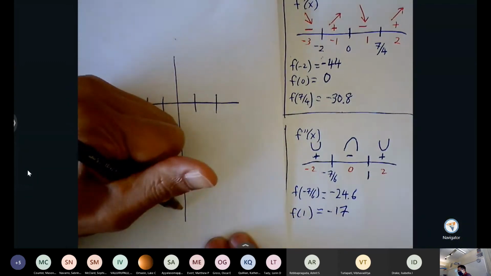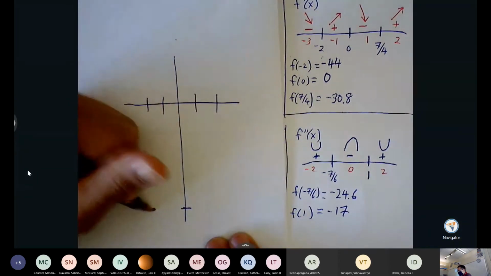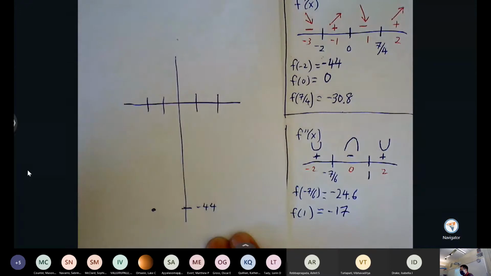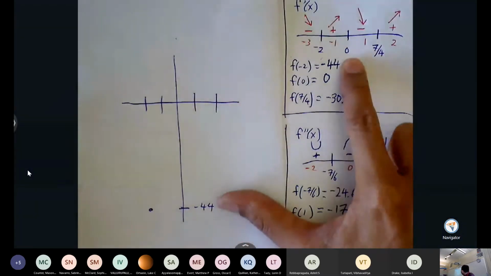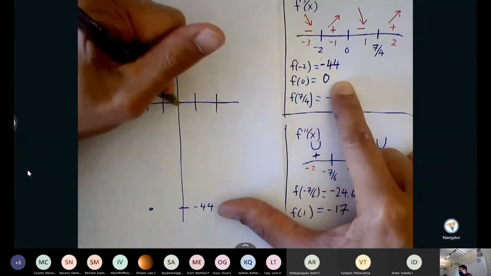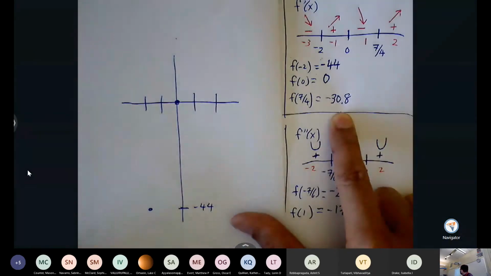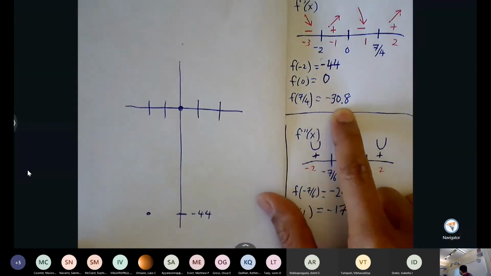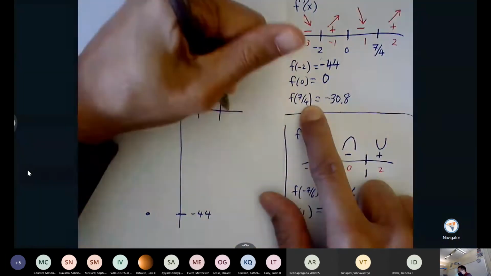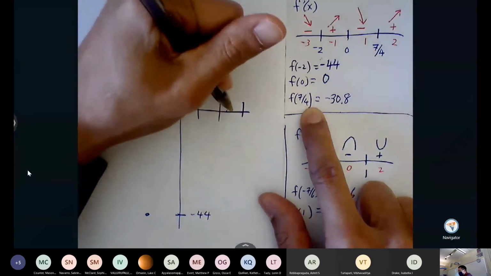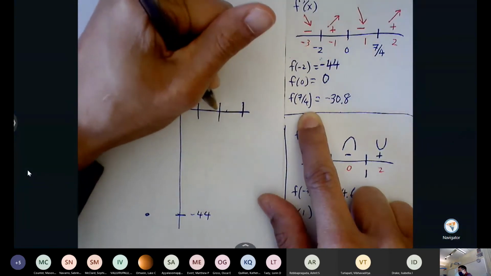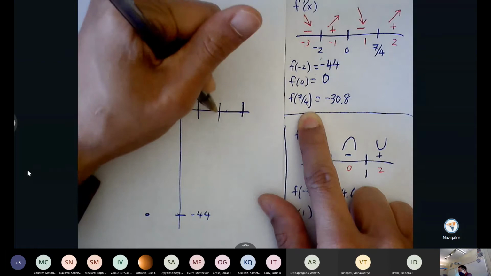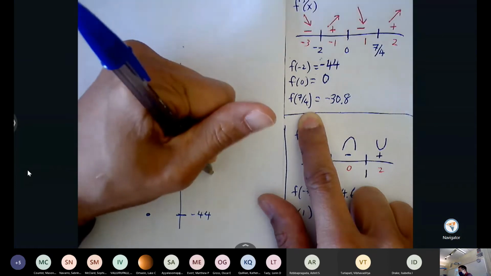So that's the lowest point, so I'll put it here. It's going to rise to a relative max at 0 and fall to another relative min at 7/4, which is close to 2, right? A little bit under 2. Somewhere here.